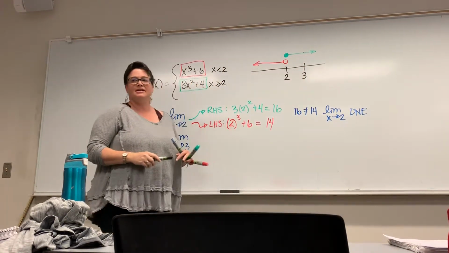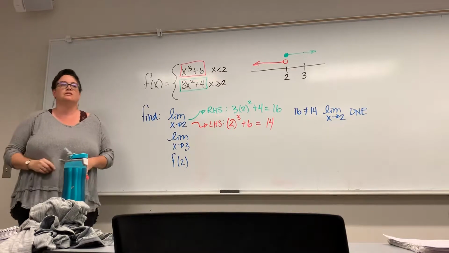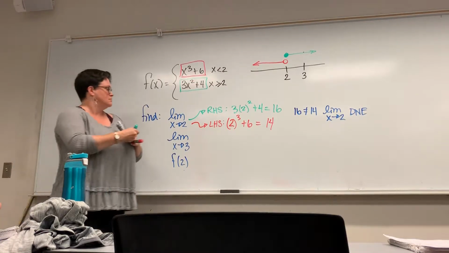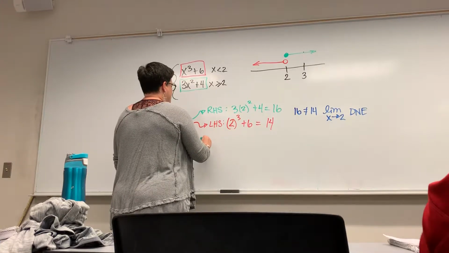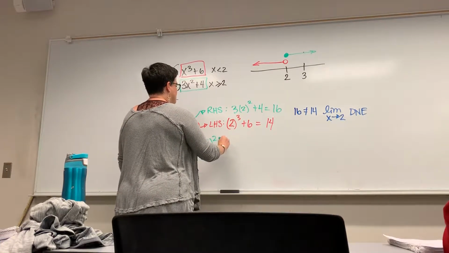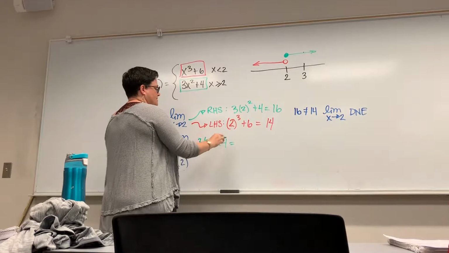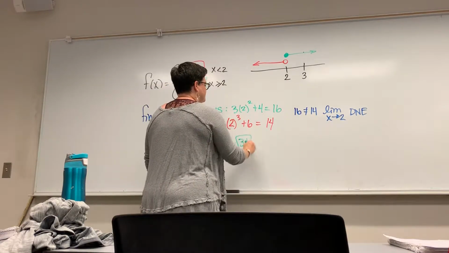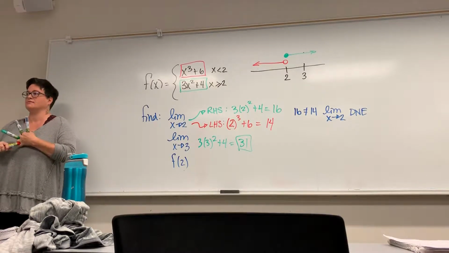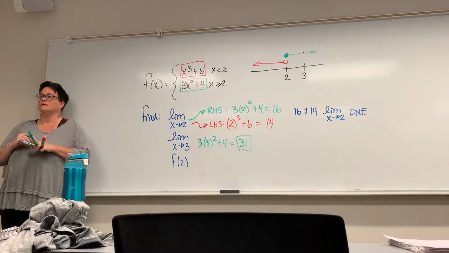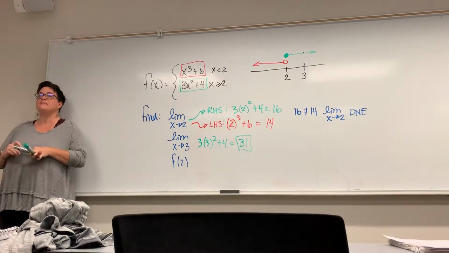Do we have to test anything other than the green function, guys? No. So this is just 3 times 3 squared plus 4 equals 27 plus 4 is 31. Done. Questions? Does it make sense?